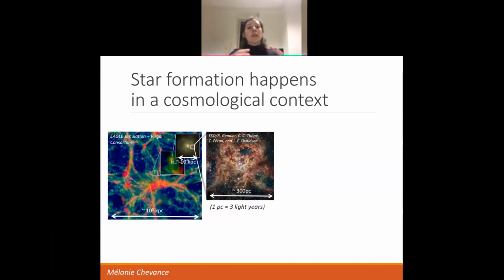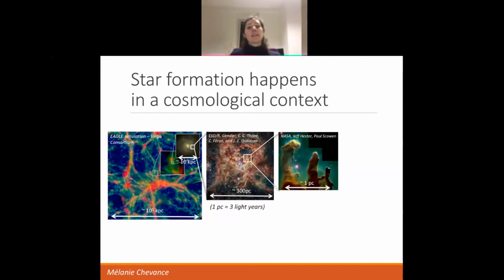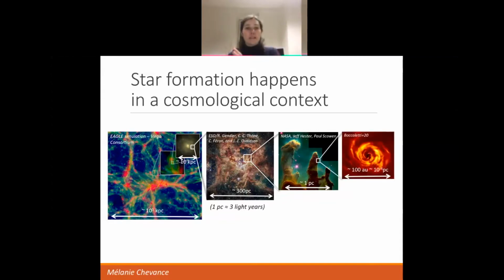And in turn, the properties of these giant molecular clouds are going to set the initial conditions for star formation happening in the dense core. So again, orders of magnitude smaller in size. And within these cores, you can again zoom several orders of magnitude to find a single star forming with its protoplanetary disks.